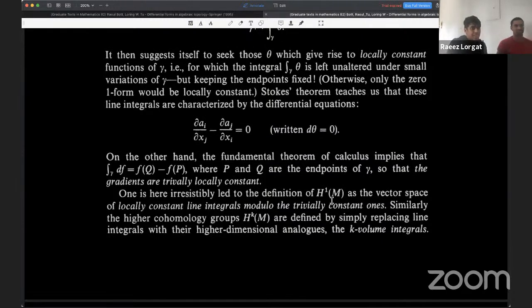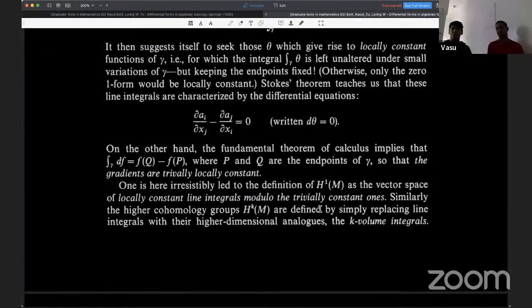So now we just have a direct definition of H1 that falls out of this picture. So what do we do? We take all the locally constant line integrals and we kill the ones that are trivially locally constant. Right? So we might benefit from pausing for a moment on exactly what's going on here.